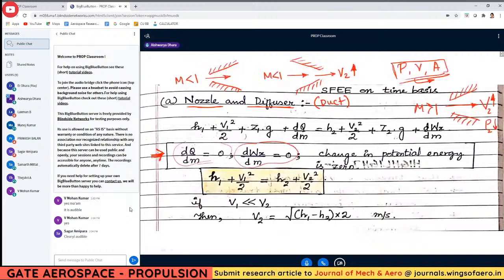Is it visible now? Ma'am, the slide is visible, but the thing that you have drawn, I don't think so. May I know what you have drawn lastly, ma'am? I have drawn another convergent nozzle, and I explained why the change in potential energy is zero, why the datum head is the same. In the top right corner and the bottom I have drawn.